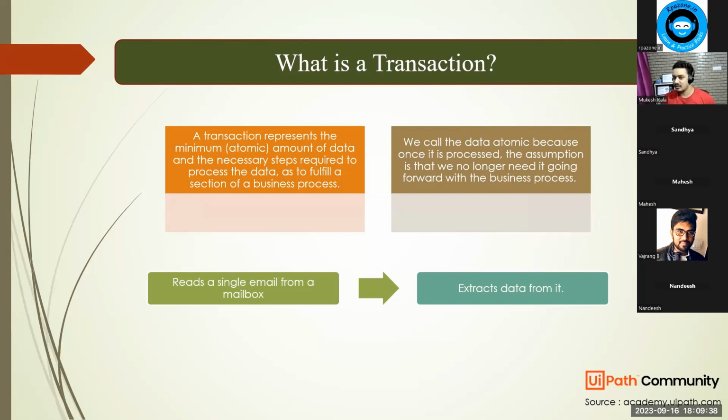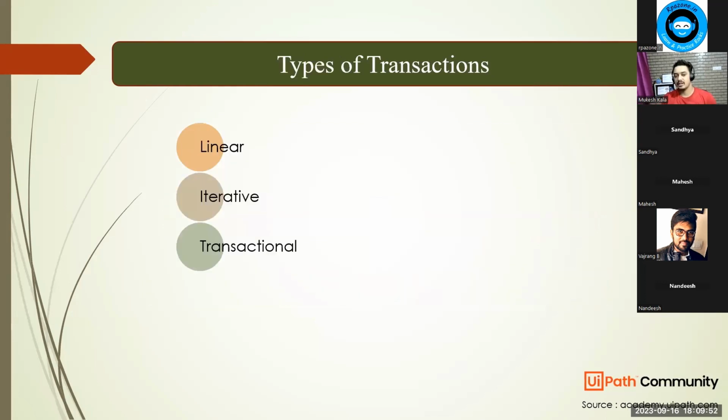A transaction has a property: once it is completed, you do not require the same transaction again. And transactions are not of only one category. They are of three types: linear, iterative, and transactional.